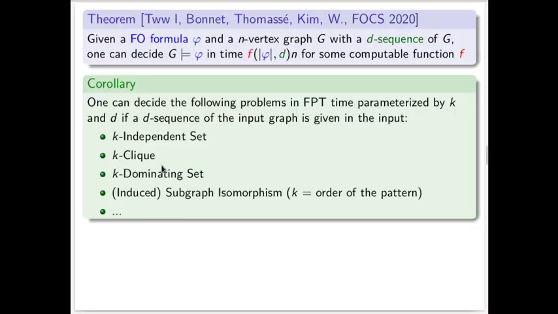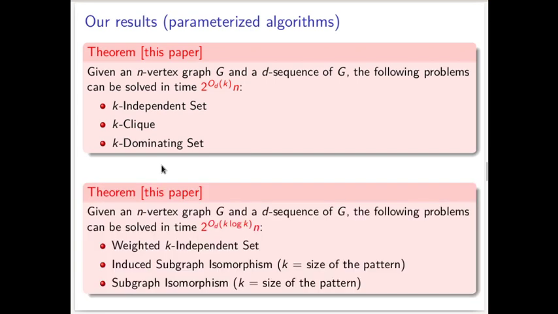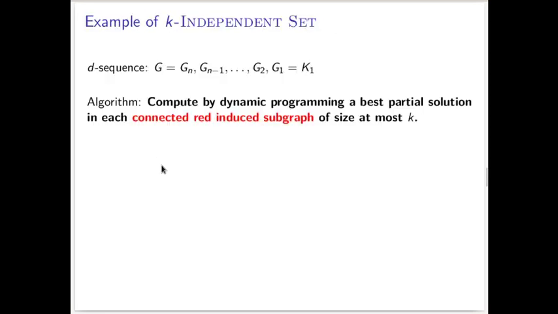So let me sketch how the algorithm works for the k-independent set problem. So finding an independent set of size at least k. So you consider your d-sequence from Gn to G1, and in each step you compute a best partial solution in each connected red-induced subgraph of size at most k.